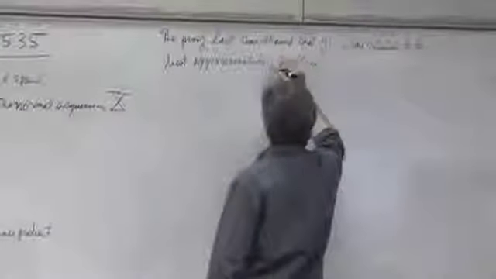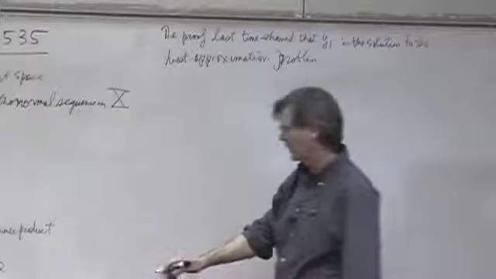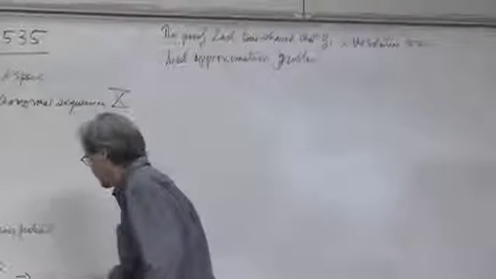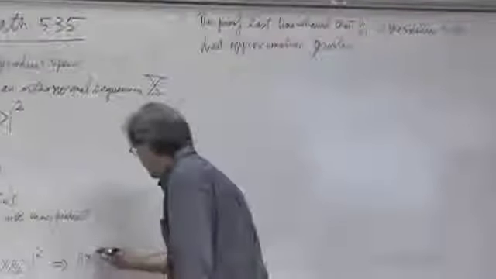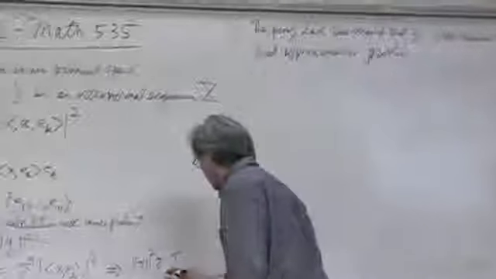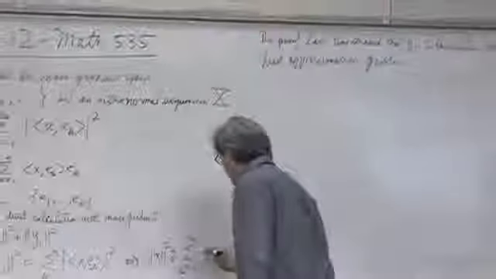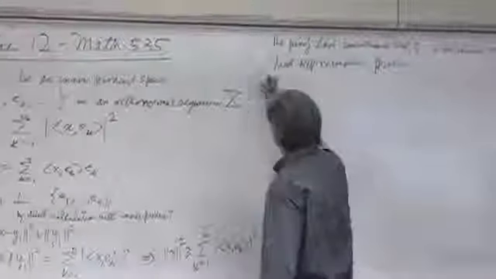So that doesn't fall out from this quick little proof. You have to do a little bit. You have to use the projection theorem. That's what we did last time. That's why I'm saying that I want to review this just a little bit. Therefore, norm x squared is greater than or equal to the sum, k goes from 1 to infinity, of the absolute value of (x, ek) squared. Okay, so that was Bessel's inequality.